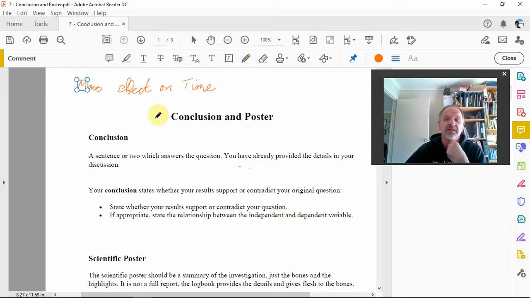So the independent was the mass and the dependent was the time. And if you can show a relationship, if you've put a line of best fit and you've decided it's linear, then you can say that it's linear.